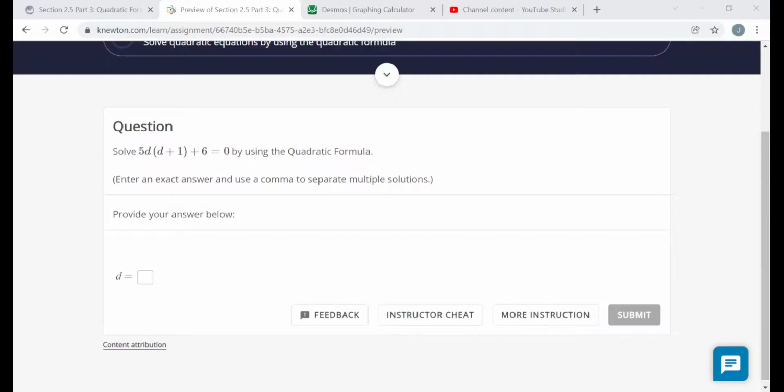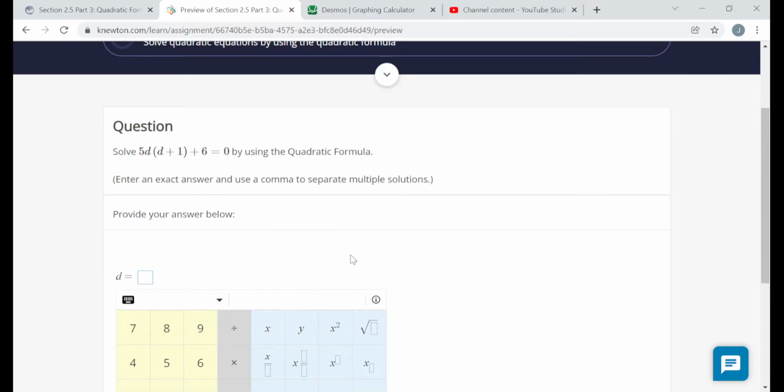So going back, d equals, and it says separate with a comma. So negative 1/2 plus the square root. Gotta actually use the symbol here. The square root of 95, get out of the square root, divided by 10, and then afterwards times i, comma.